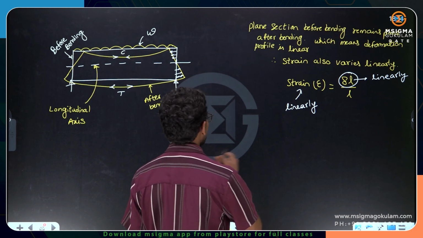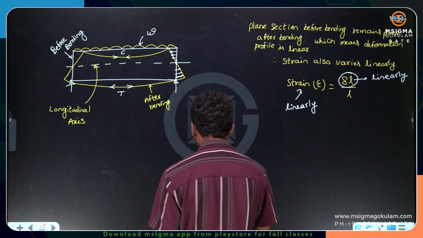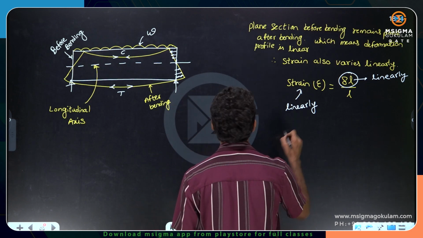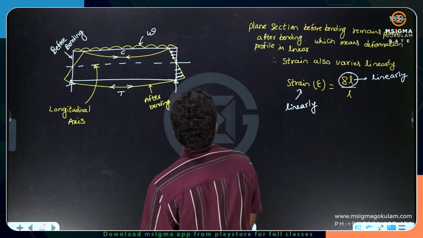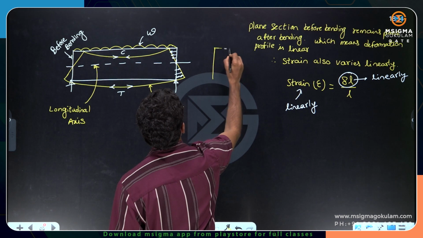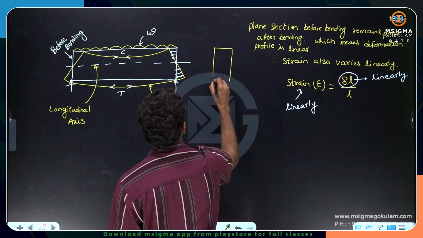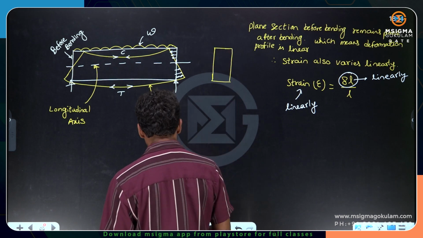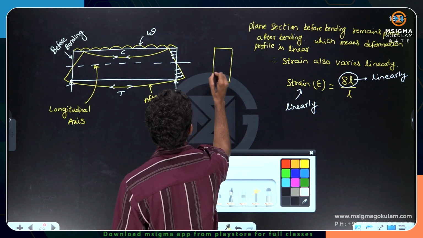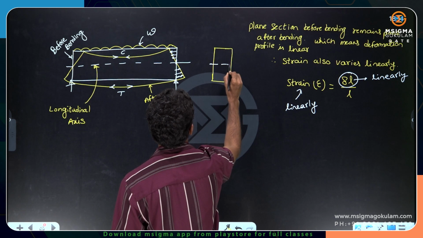So the same thing, if I plot in a cross section, how will it be? Let us look at that. When I take any section here, this is the cross section of the beam. This is the longitudinal axis. Perpendicular to the longitudinal axis, there is one axis called the neutral axis.